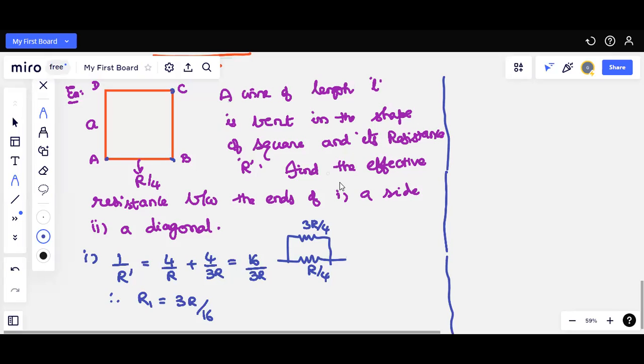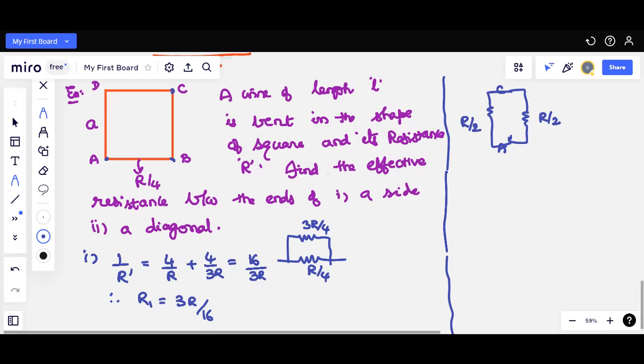Across the ends of a diagonal, between A and C, these two are in series. Here, this is R by 4 plus R by 4, that is R by 2. On the left side, again R by 4 plus R by 4 is R by 2. Here on this side, again R by 4 plus R by 4, R by 2.